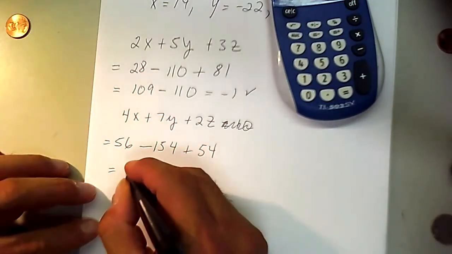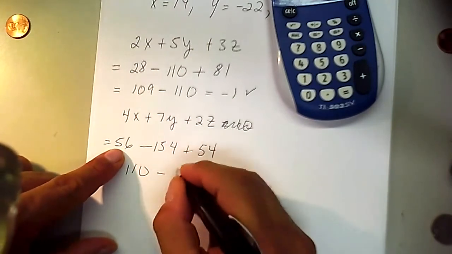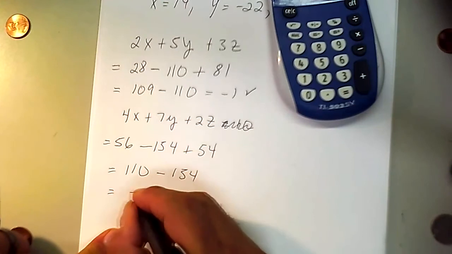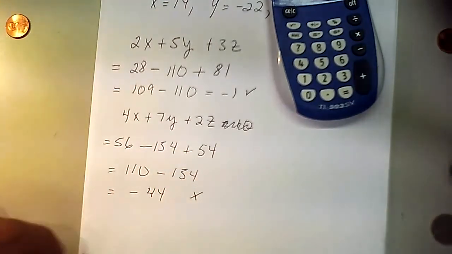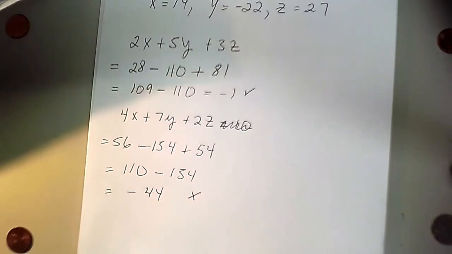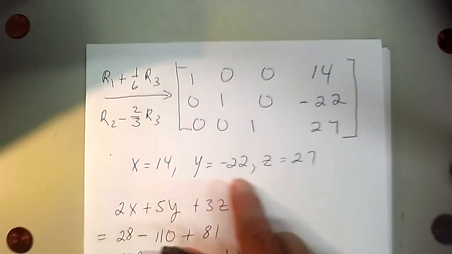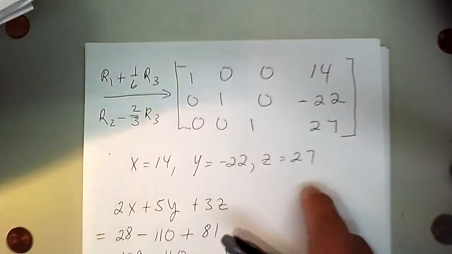Because then we end up with 110 when we add the positive numbers, minus 154 is equal to negative 44. But that's a bad thing because we're supposed to end up with 10, not negative 44.